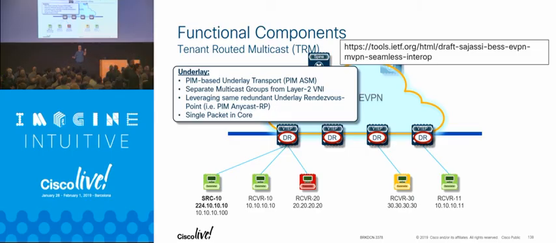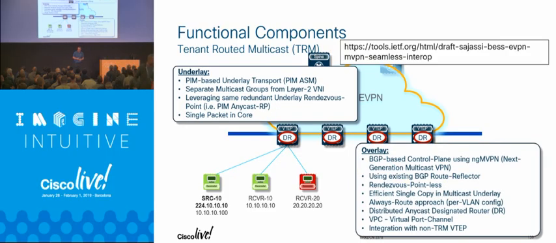You have a layer 2 VPN, a layer 3 VPN, now you have a multicast VPN. In the overlay, again, we specifically use NGMVPN, which I think is RFC 6514, 6513, somewhere in that area. And that's exactly the message encoding we do. We just use a VXLAN encap rather than an MPLS or a GRE encap, which is also possible there. And if your switch doesn't talk TRM or tenant routed multicast, we can even interoperate with them, either with messaging over EVPN, multicast signaling, or over encapsulated IGMP.